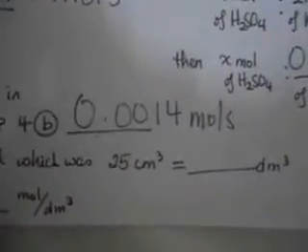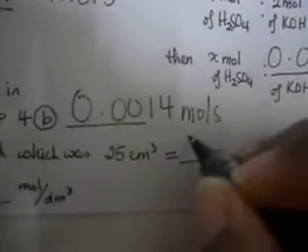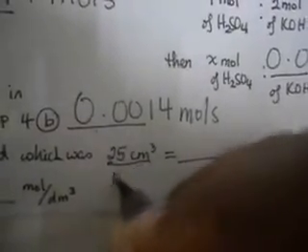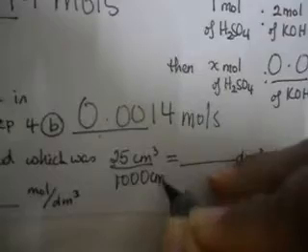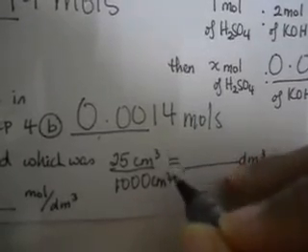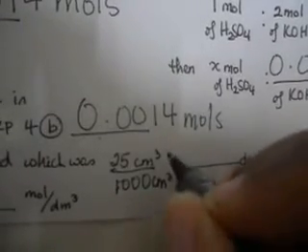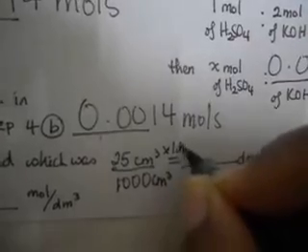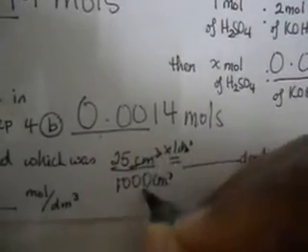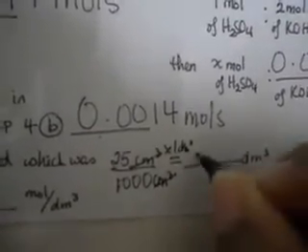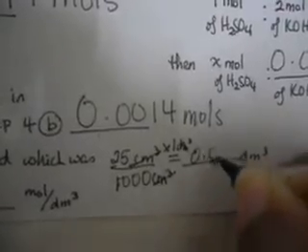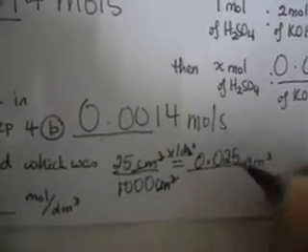And that means in dm³, you just simply divide by 1,000 cm³ and you multiply by 1 dm³. And you notice this goes and this goes. So you should have 0.025 dm³.